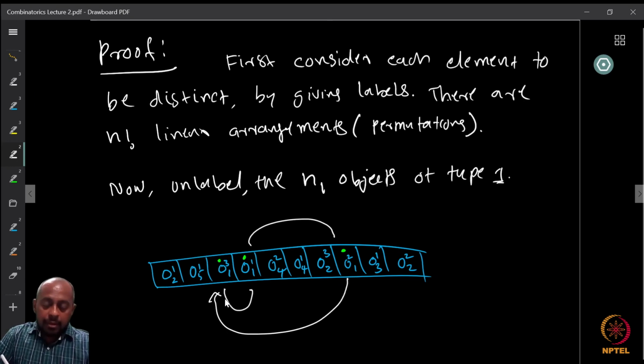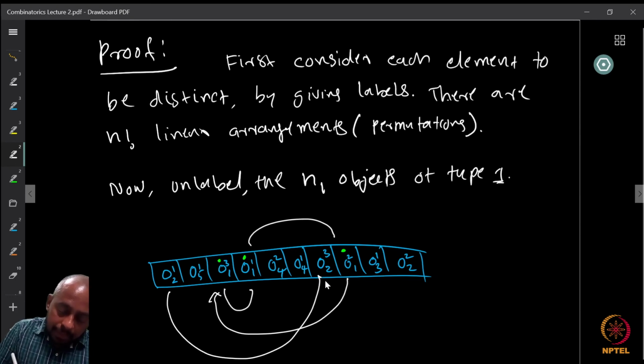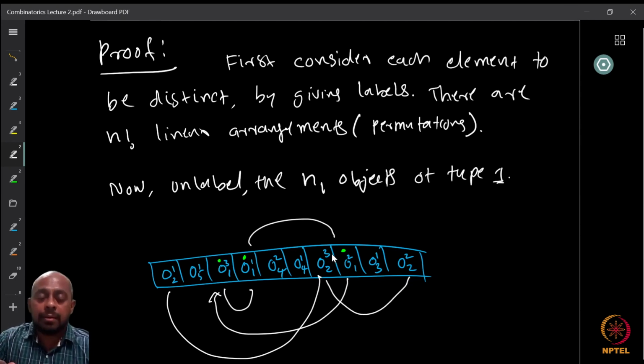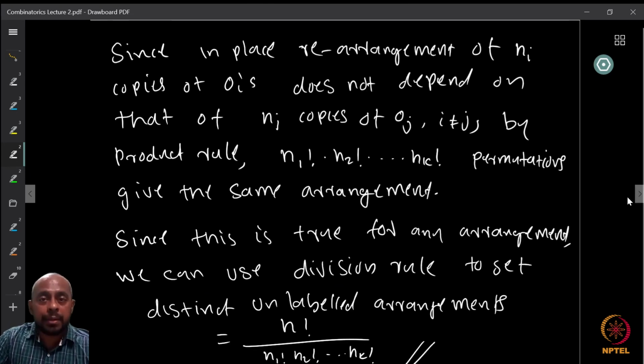This rearrangement does not affect the rearrangement of, say, O2, where there are 3 of them again: O2 1, O2 2, and O2 3. I can rearrange them independently because their positions are different. So these ni factorial permutations are all independent.